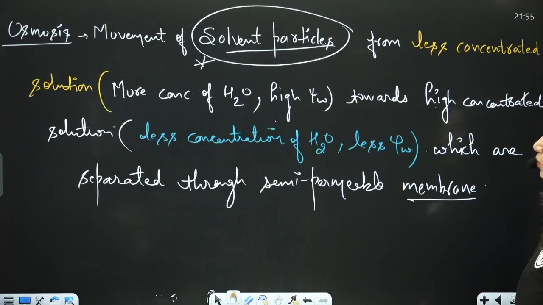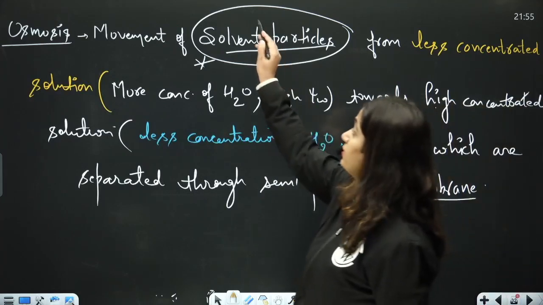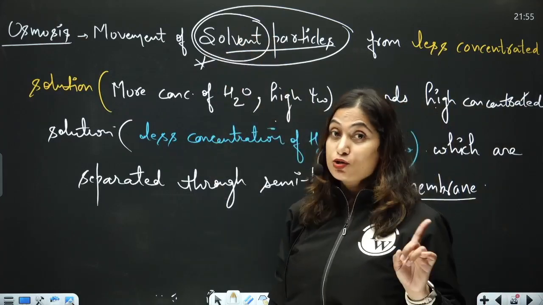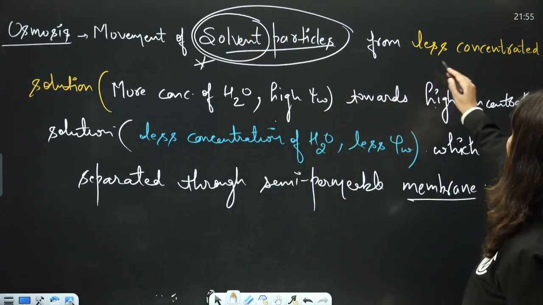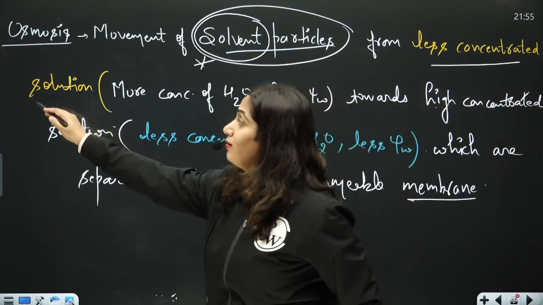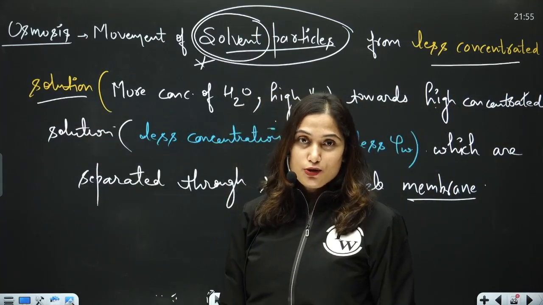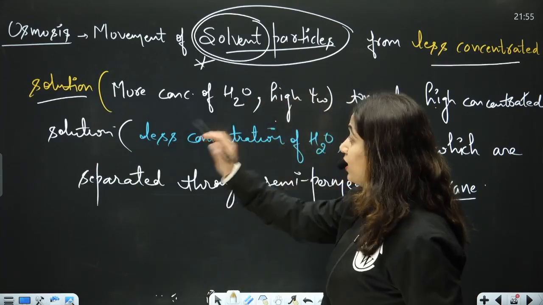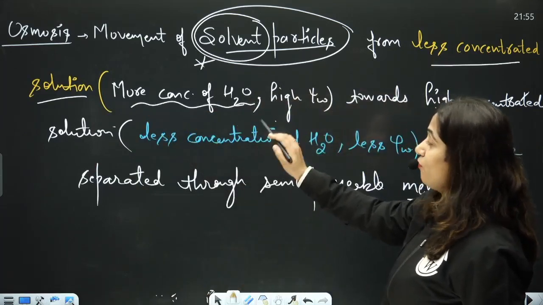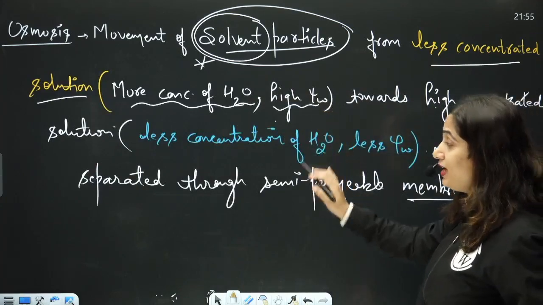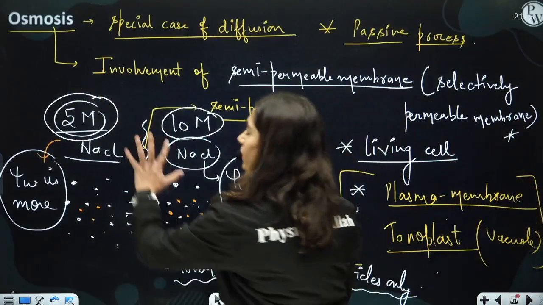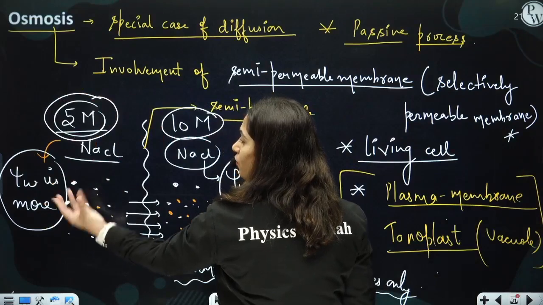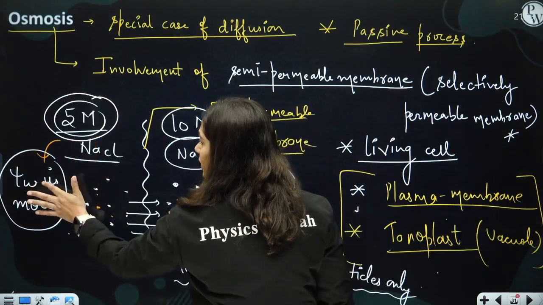Read carefully. Movement of solvent particles, solvent, not solute, from a less concentrated solution, the 5 molar solution, in which there will be more concentration of water and high water potential, right? In the 5 molar solution, the concentration of water was more, so water potential was also more.